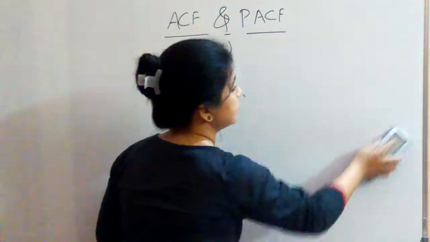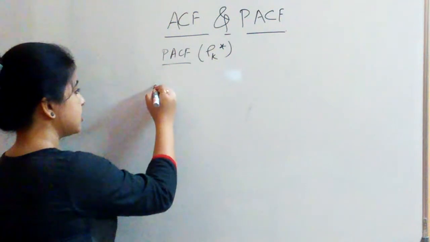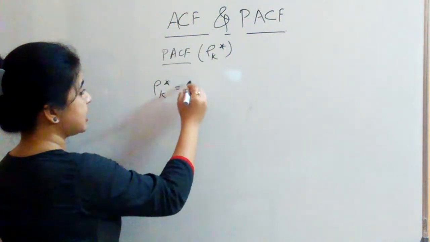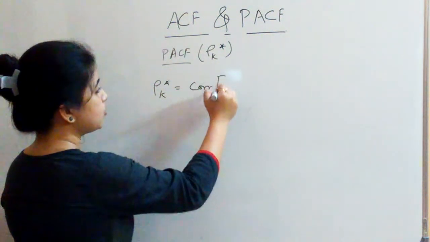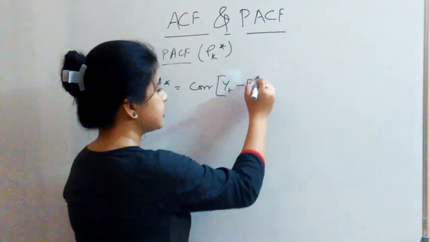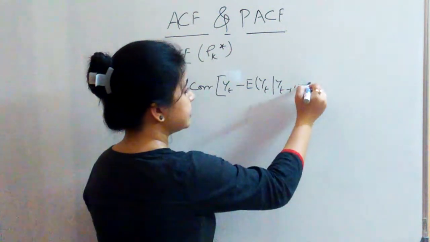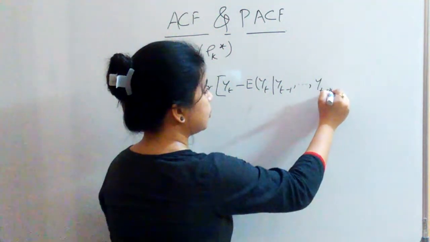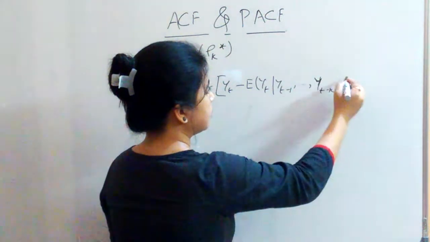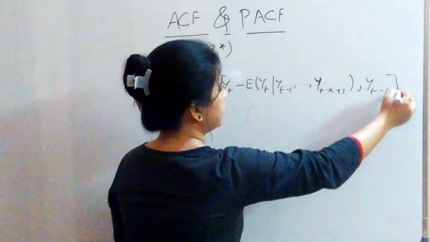See, the partial autocorrelation function, or rho k star, is nothing but the correlation between yt minus the expectation of yt given yt minus 1 dot dot comma yt minus k plus 1, and yt minus k.